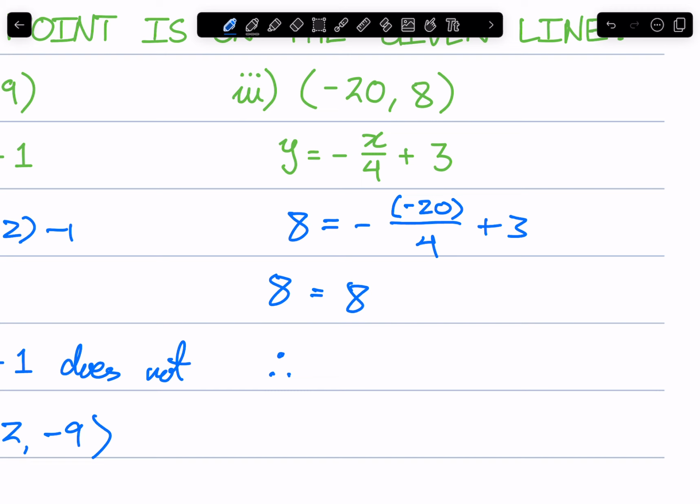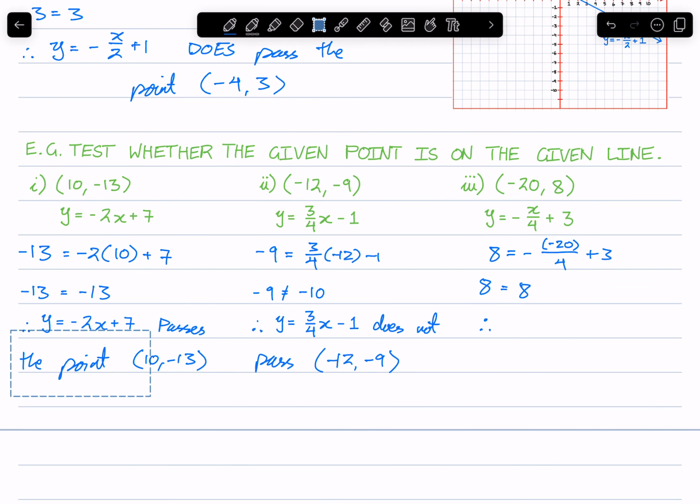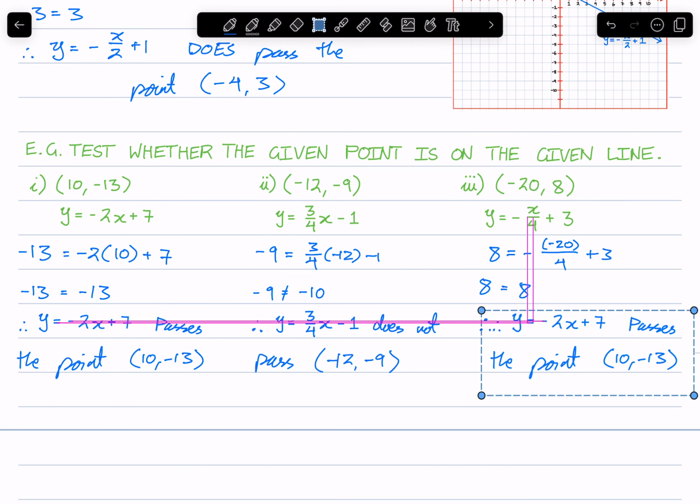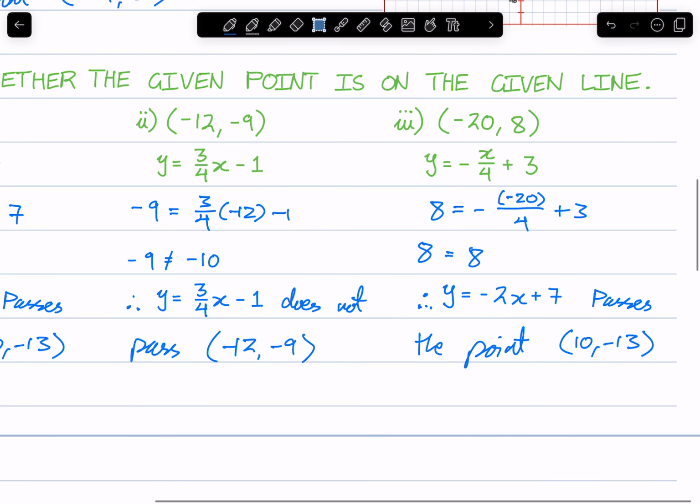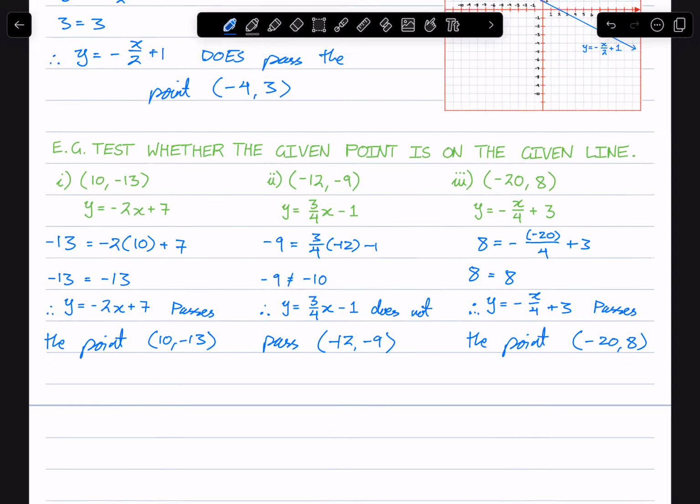So you could say, therefore, I'm going to be lazy here. Just change this and change this. We get negative x on 4 plus 3 does pass the point negative 20, comma 8.